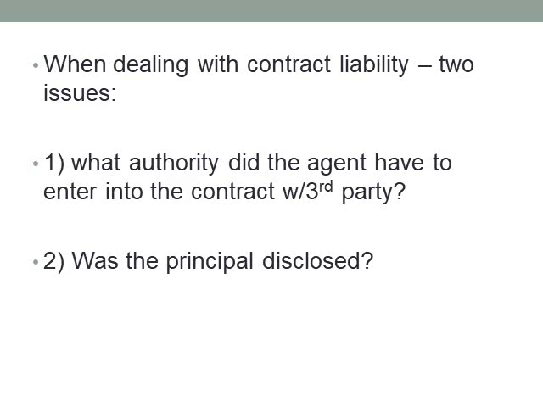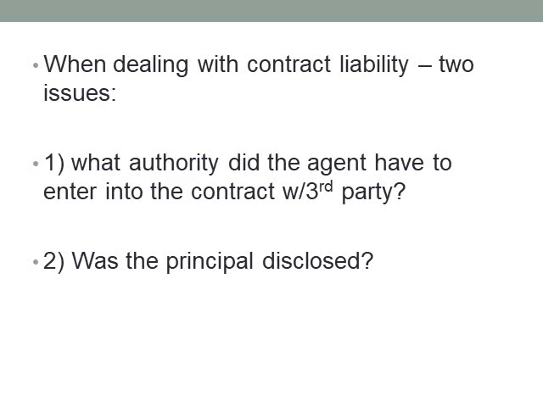If the agent is acting outside the scope of their authority and the principal does not ratify, then it's the agent that is liable to the third party. Okay? Completely liable to the third party, unless the third party knew the agent was acting outside the scope of authority. So, those are our rules relative to liability.